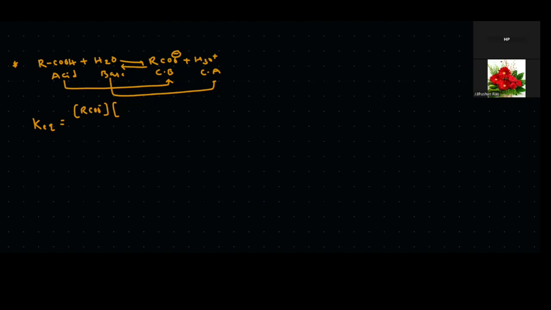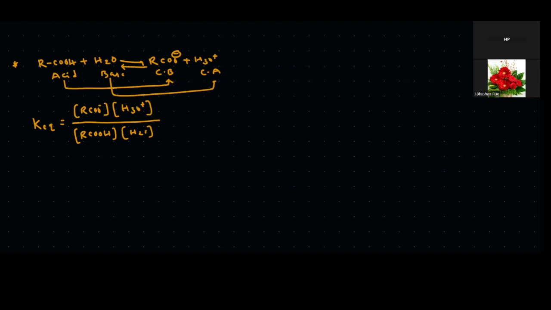divided by the concentration of the acid RCOOH times the concentration of the water molecule. The concentration of water is constant because it is a pure liquid; the remaining species are in aqueous condition.